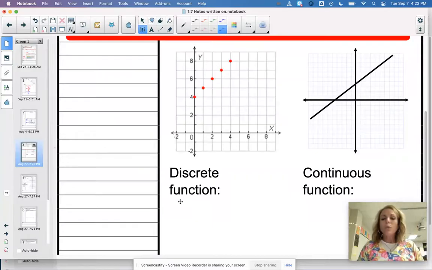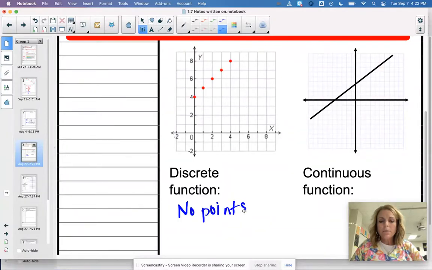I'm now going to scroll down and we're going to talk about discrete functions and continuous functions. On a discrete function, there are no points connected. There are breaks.